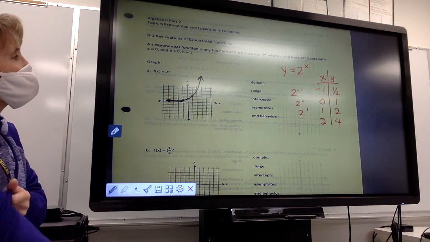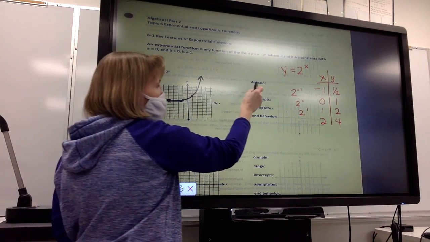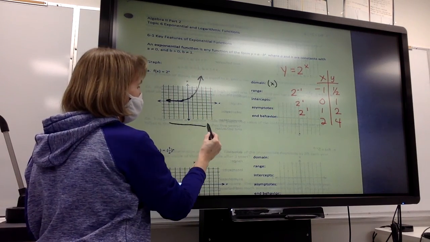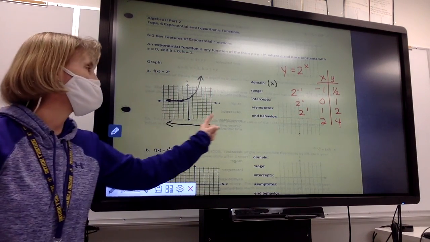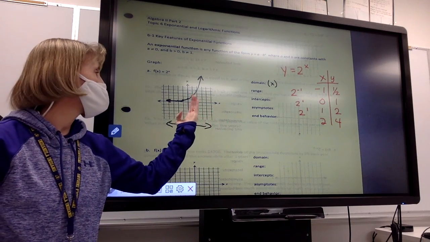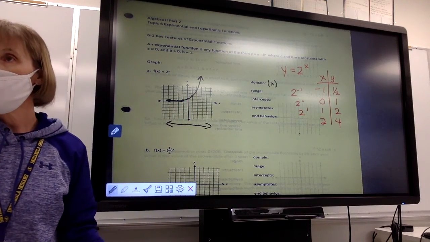Okay, I'm going to ask you several questions about your graph. The domain. Remember, the domain are the x values. So the x values are in the left and right direction. Is there anything that I didn't use? Can I use negative x values? Can I use positive x values? Yes. I use it all, right?